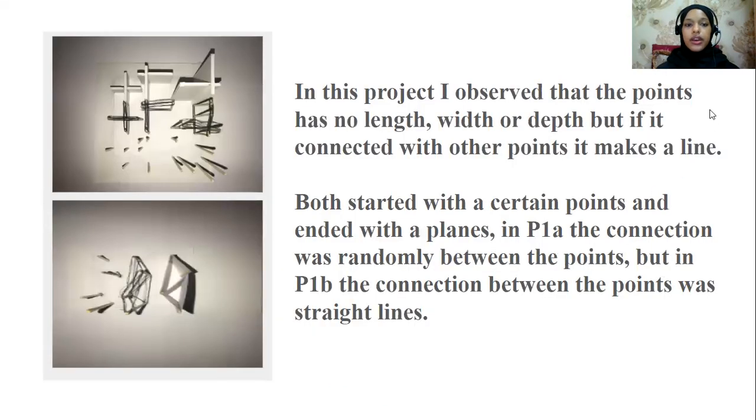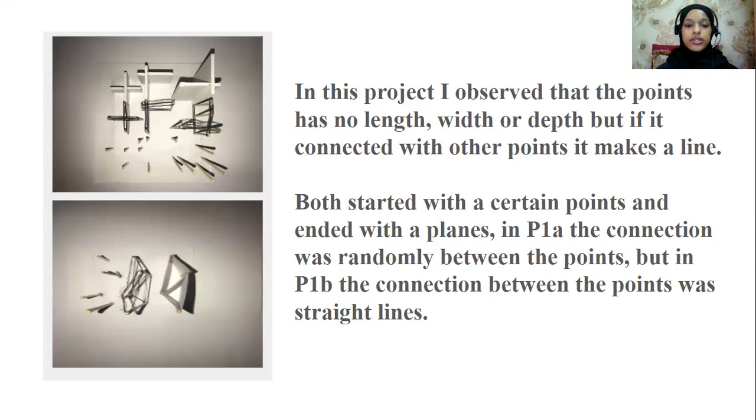In this workshop, I observed that the points have no length, width, or depth, but if these points are connected with other points, they will make a line, and in the end, the lines will create the planes.